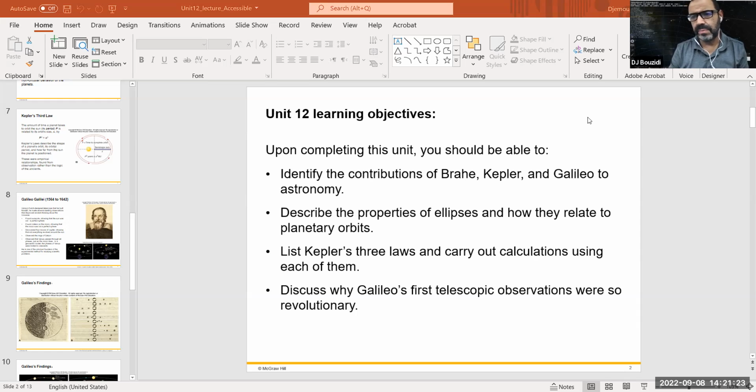Same thing for Venus, Mercury, Jupiter, Saturn, the moon, the sun. He collected a lot of data.